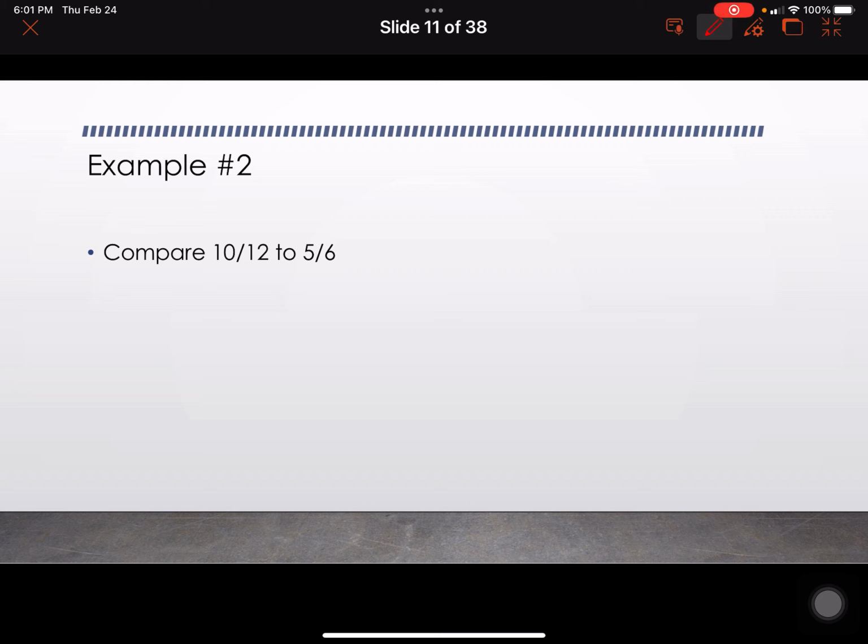Take a moment to pause the video and see if you can find the least common denominator here. So we are comparing 10/12 to 5/6. Remember, to find the LCD, we have to look for the lowest number that both denominators will divide into evenly. So let's start by listing some multiples of each.